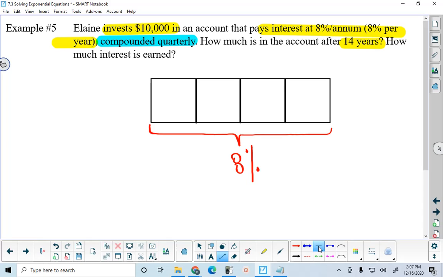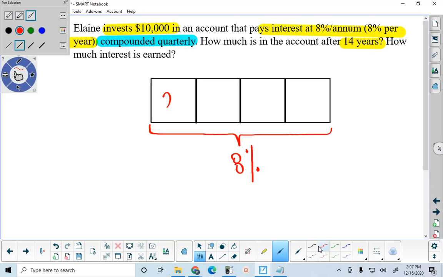We're going to give you some interest every quarter of a year. But since it's 8% per year, they're not going to give her 8% every quarter. They're going to give her 2% here, 2% here, 2% here, and 2% here.